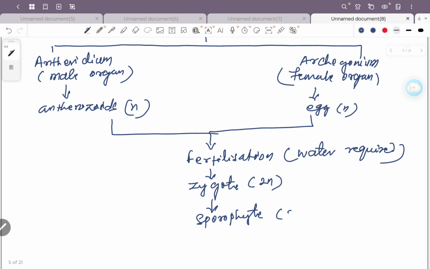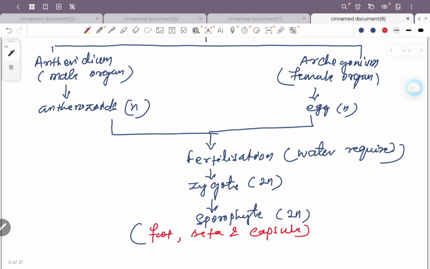Which is 2N. So the zygote simply undergoes mitosis, so there is no reduction in chromosome number. So it is 2N, and what is the structure of the sporophyte? They have foot, seta, and capsule.